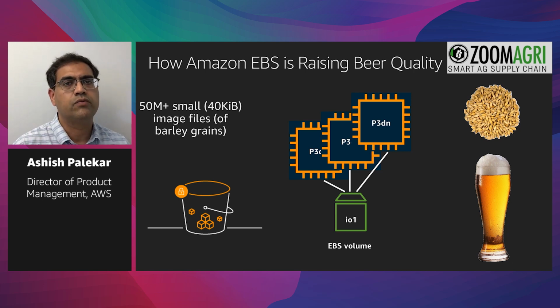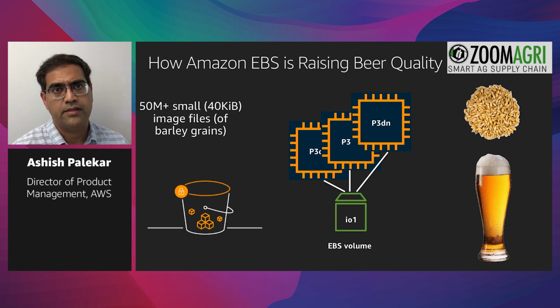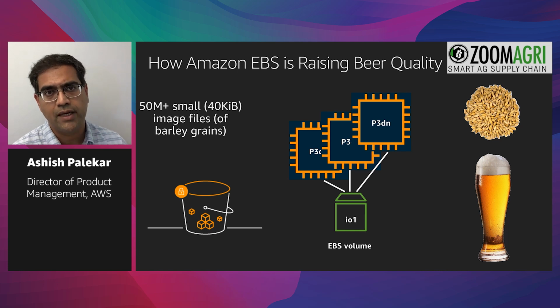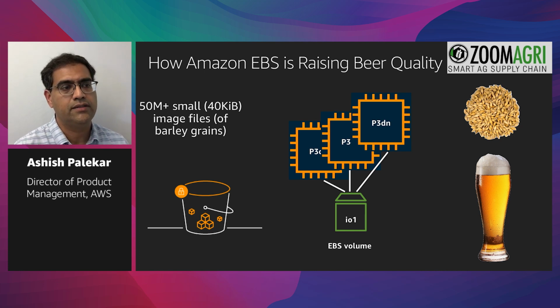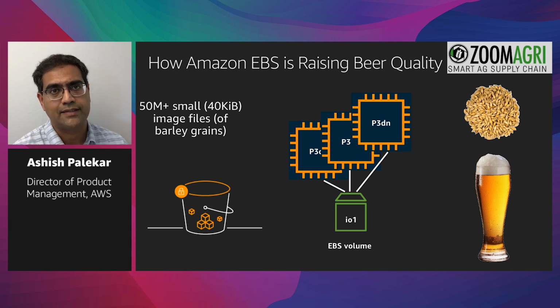Instead, what they're able to do with multi-attach is take those small files and copy them once into a provisioned IOPS volume. And because this application, which is Zoom Barley, is a read application, it is now able to take that shared access, use multi-attach, and decrease the time it takes to improve their analysis time.